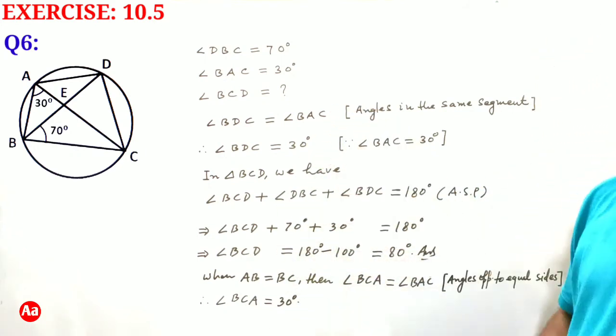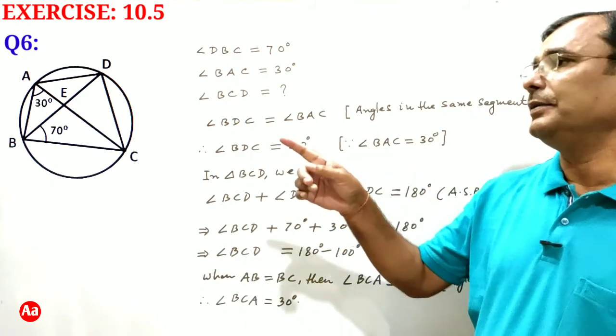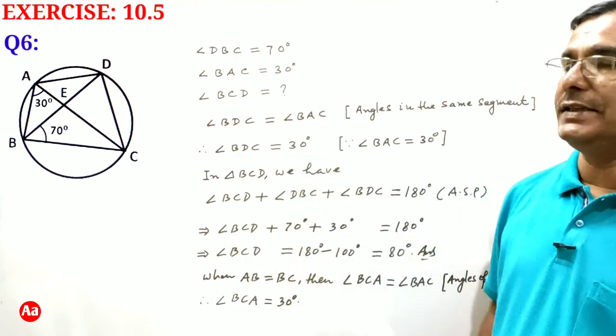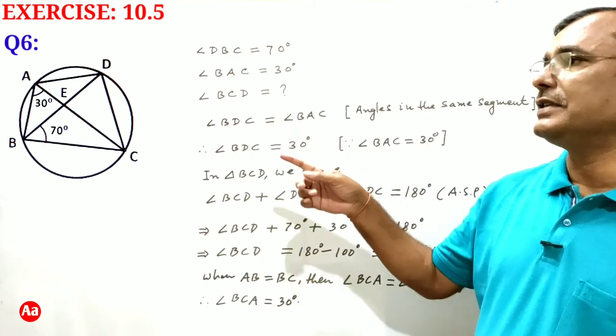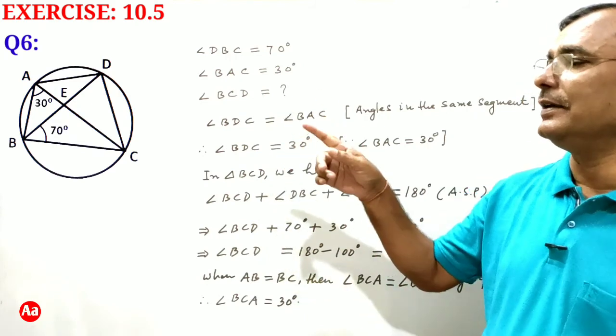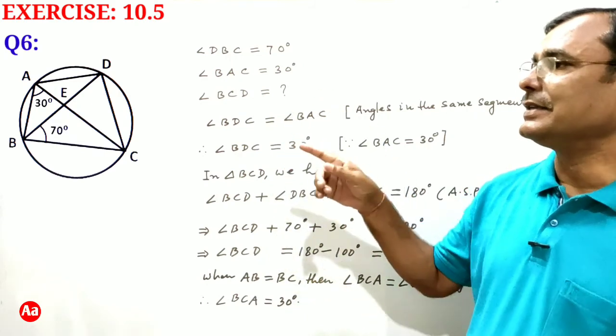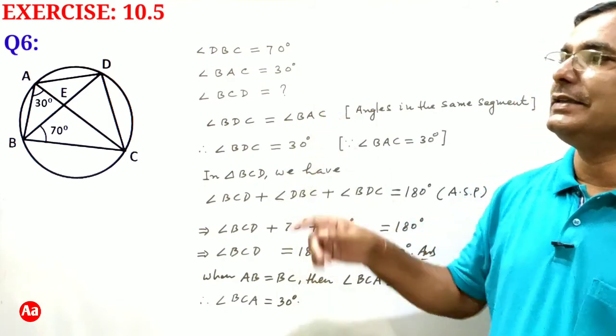See angle BCD, it is equal to angle BCA plus ACD, that is angle BCE or BCA plus angle ACD or angle ECD.